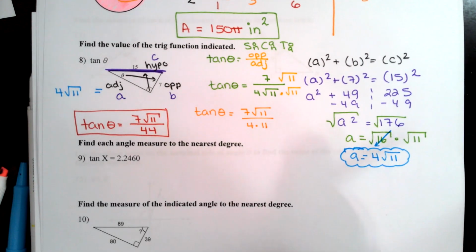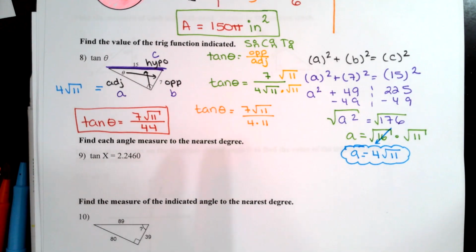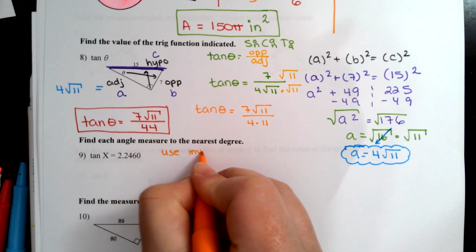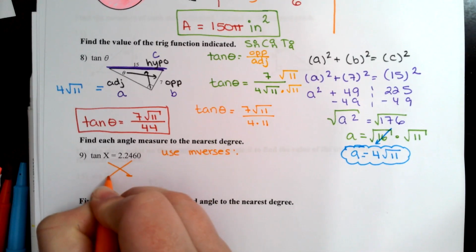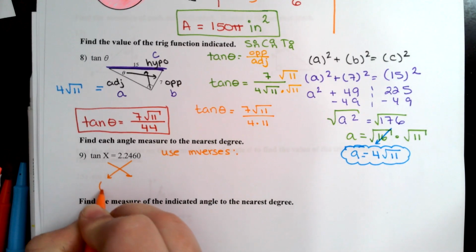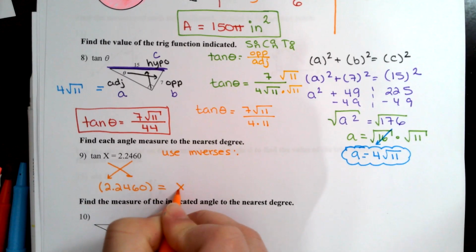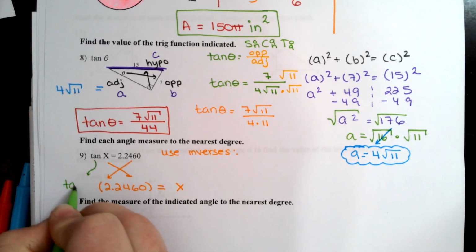Now, if they're asking you to find the angle measure and the question looks like this, this is a level 1. All the information is given to you. All you need to do is use inverses to invert your input and output. So now you're going to have 2.2460 equals x. And so this tangent is now going to be inverted as the inverse of tangent.